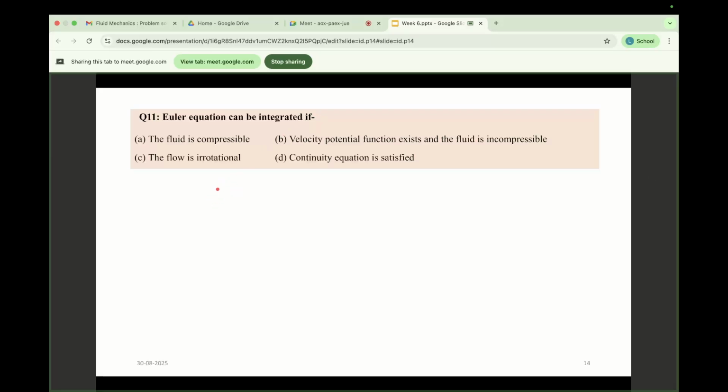So let me write down this Eulerian equation. Basically, this is the main equation. So no need to remember this. I am just telling you about this concept, right? This derivation is not that important. This is density and this is pressure plus G is the body force, right?